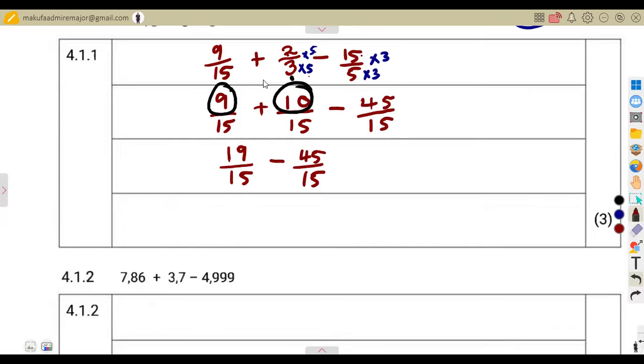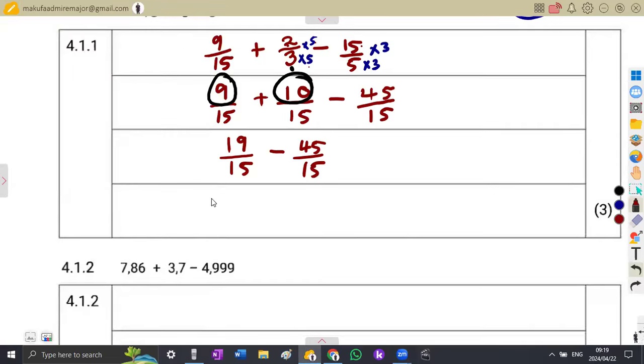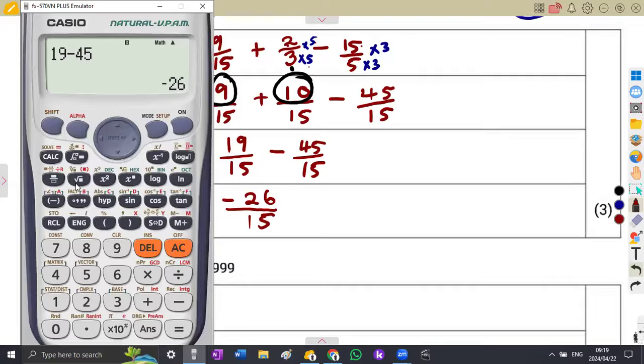On your calculator, just do that. Subtract, say 19 minus 45, like this. This is minus 26. So we are going to have minus 26, everything over 15, just like that. Yes, you can rewrite the way that you want.